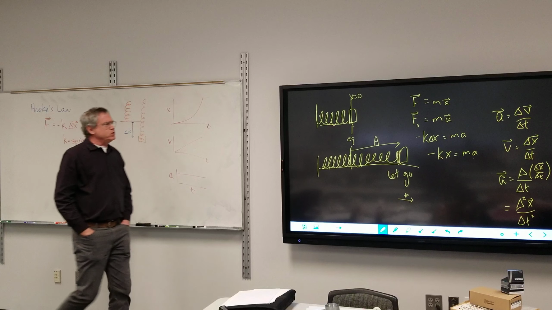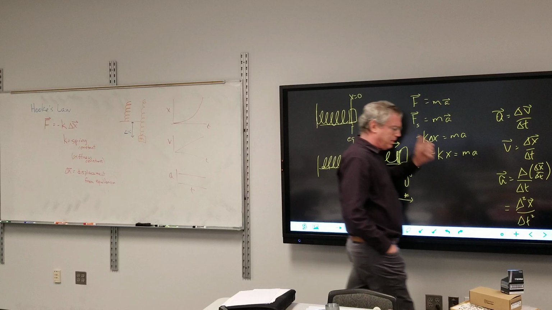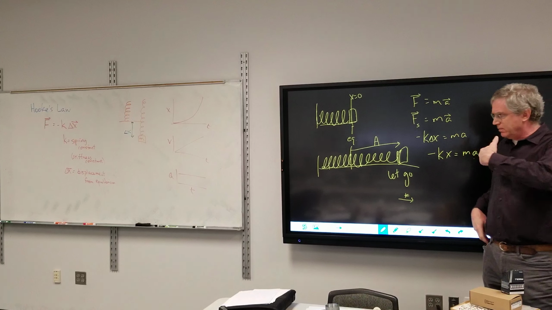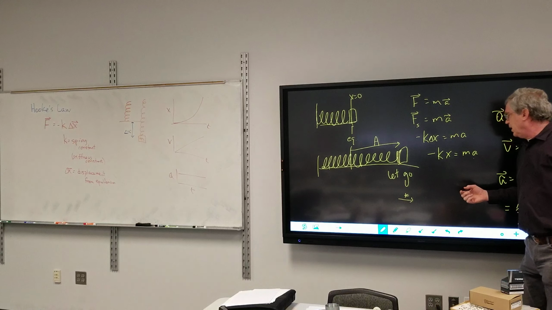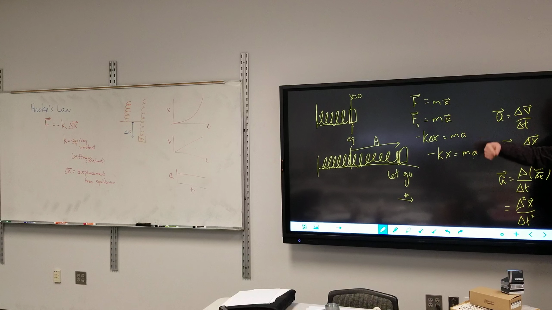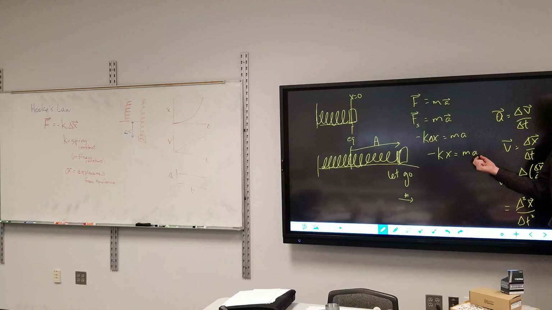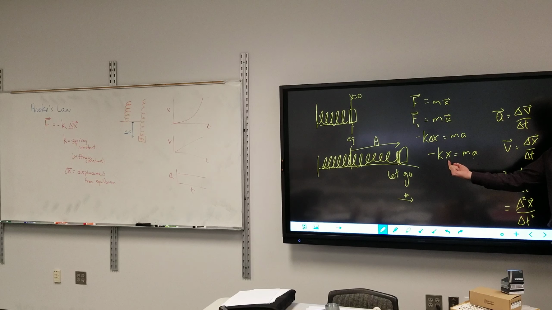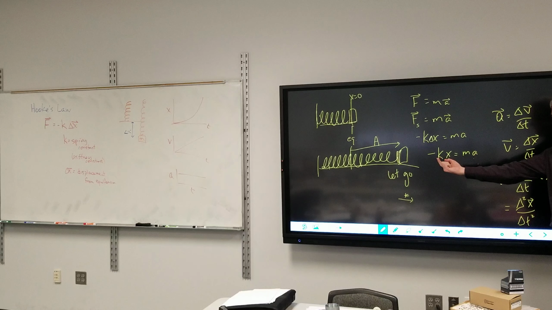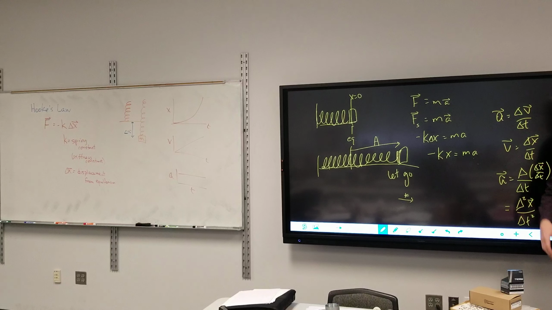So I need some function to describe x, to model the motion of this harmonic motion. I need some function so that when I do the slope of the slope, I end up with the negative of itself, because I got a negative sign here.